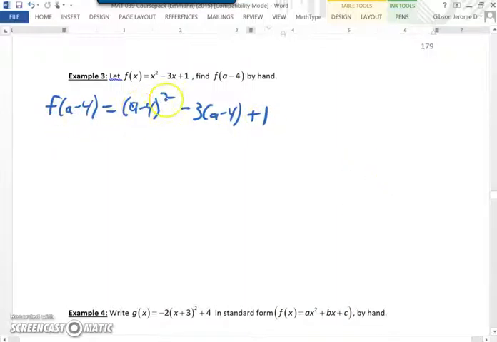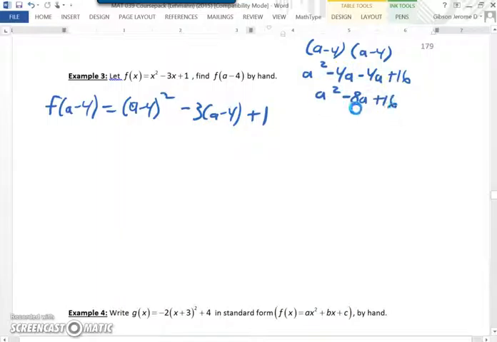Now with this a minus 4 parentheses squared, we can write that off to the side. We have a minus 4 times a minus 4. This will give us a squared minus 4a minus 4a plus 16. So this will give us a squared minus 8a plus 16.